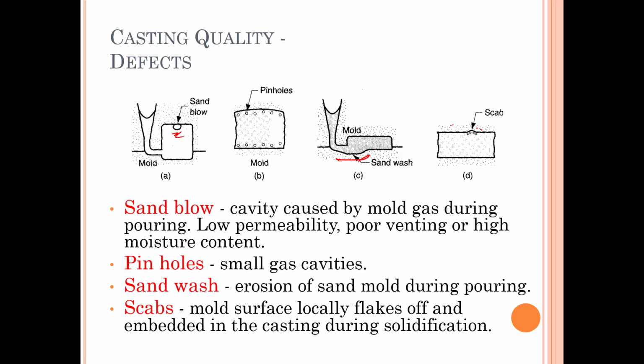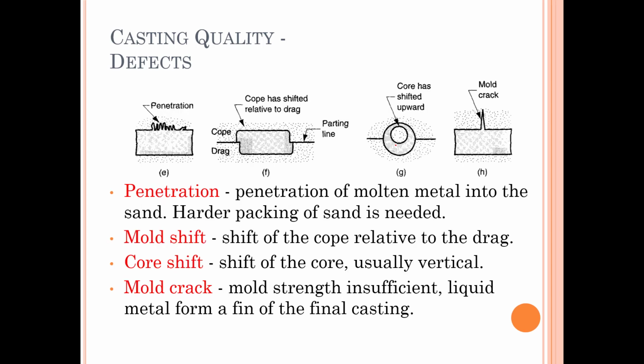Scab: mold surface locally flakes off and is embedded in the casting during solidification. Next one is penetration: penetration of the molten metal into the sand. Harder packing of the sand is needed.